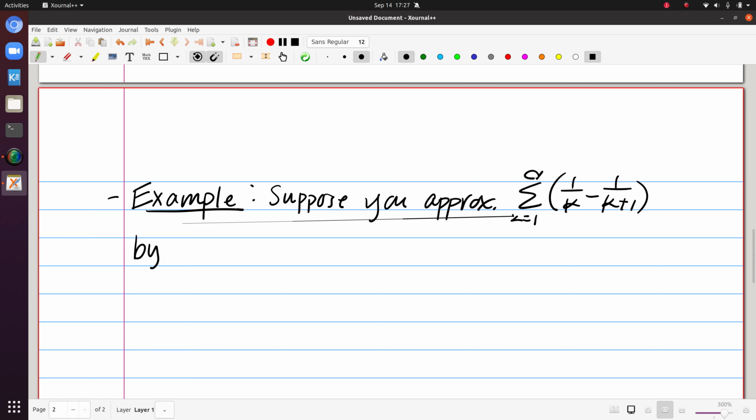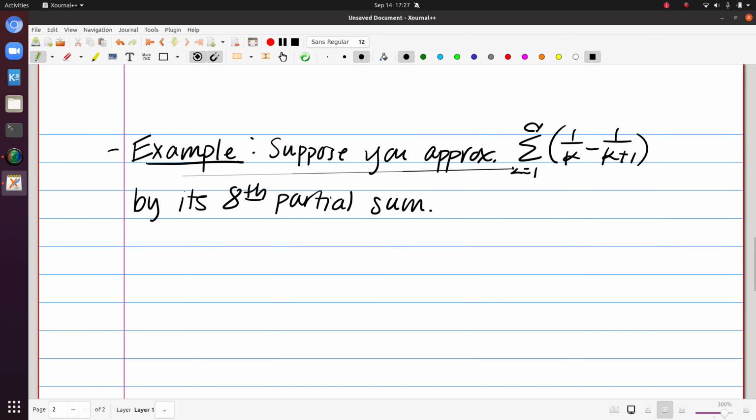Suppose you were to approximate this sum by its 8th partial sum. We can show, and in fact we have before, that S sub n is 1 minus 1 over n plus 1.